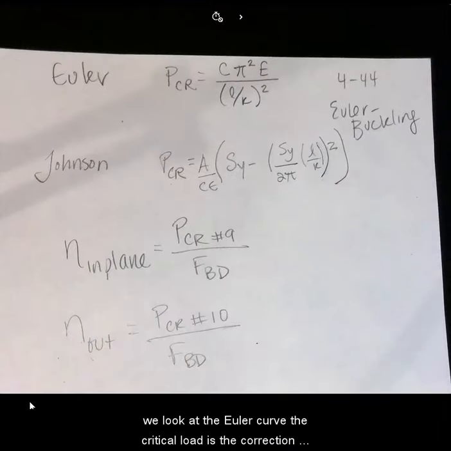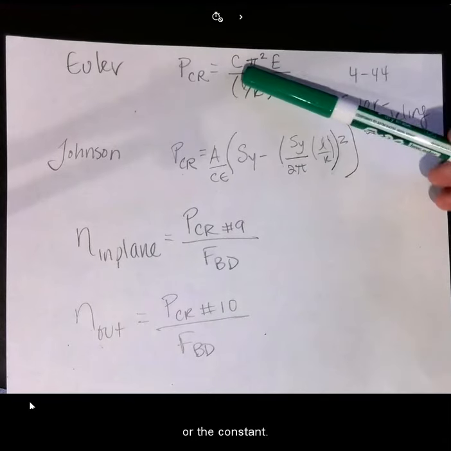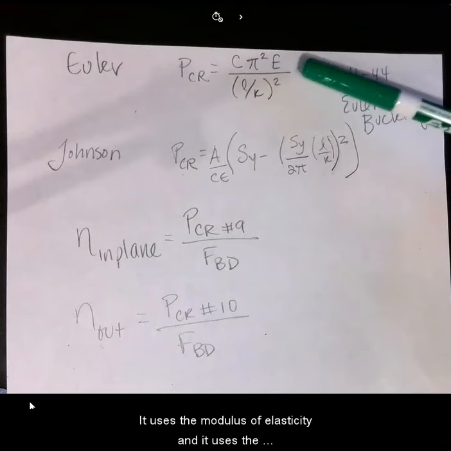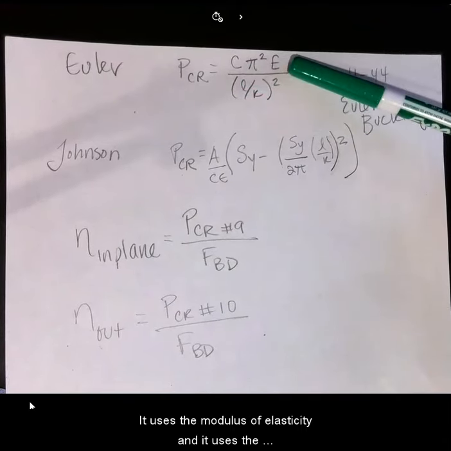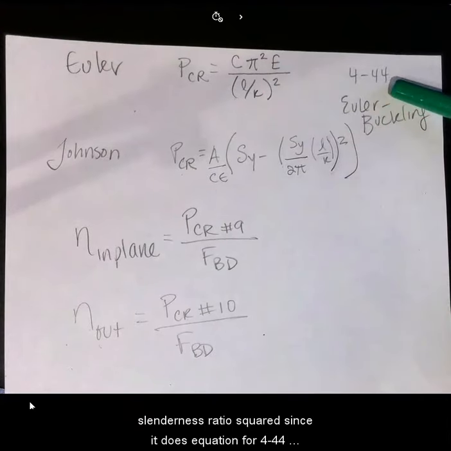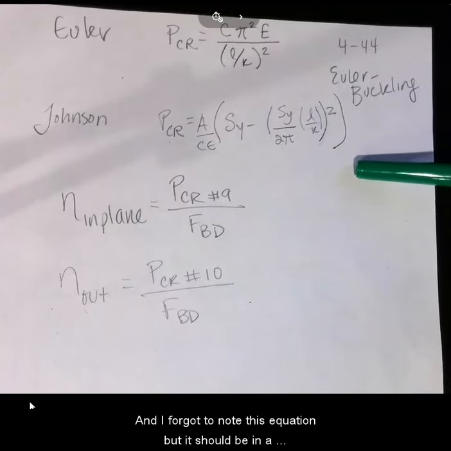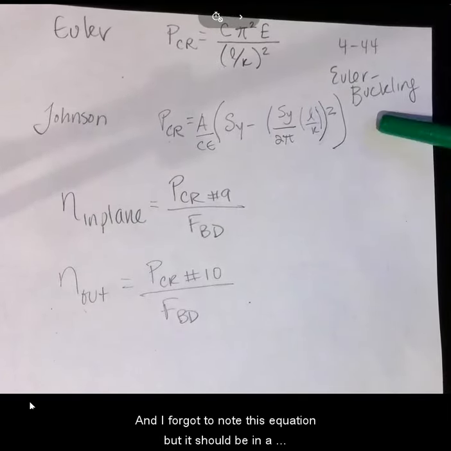When we look at the Euler curve, the critical load uses the end condition constant, the modulus of elasticity, and the slenderness ratio squared. That's equation 444 for Euler buckling. I forgot to note this equation, but it should be in a similar place.